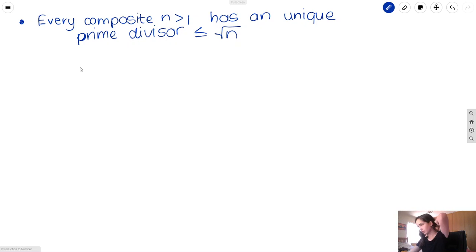So when we say composite, this just means not prime. So it's going to have 3 or more divisors, in other words.